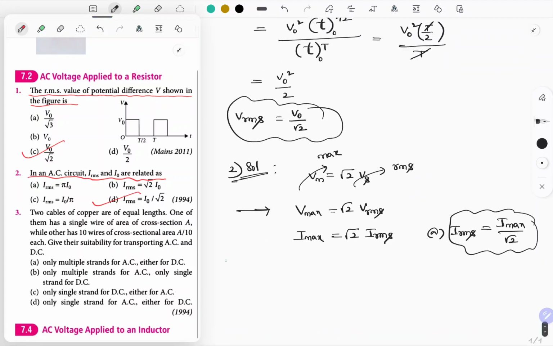Next, question number 3. Before solving this question, I would like to give one point. We have two different types of supplies, right? One is AC supply and another one is DC supply.